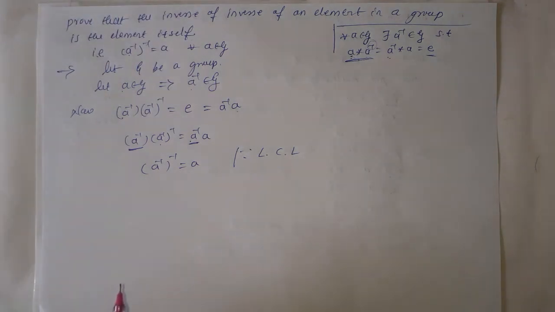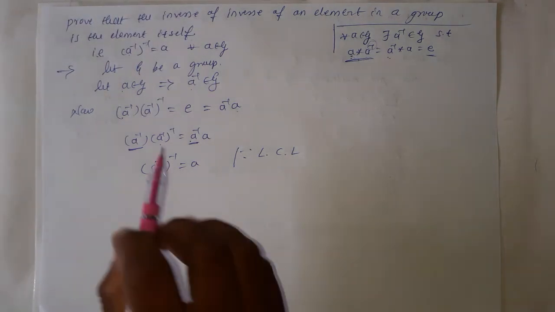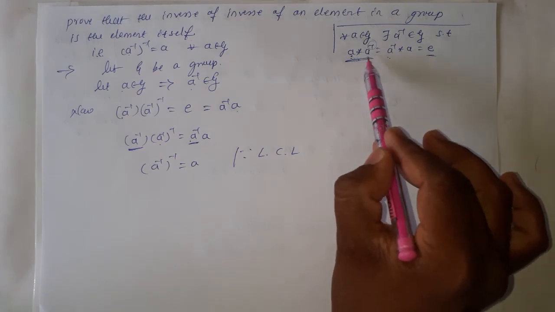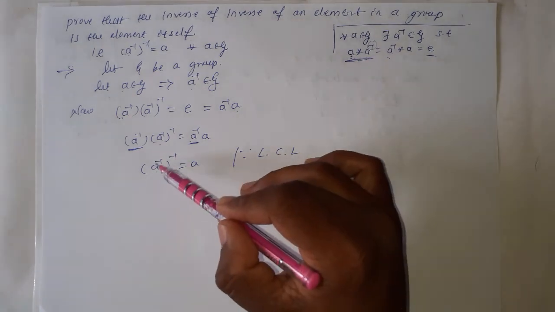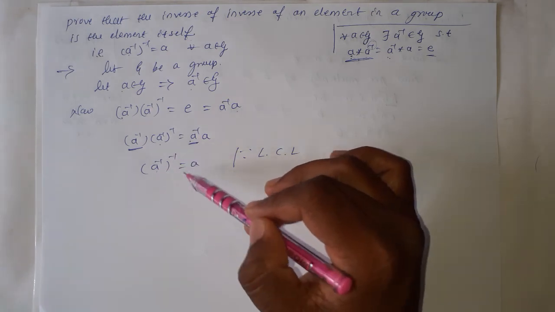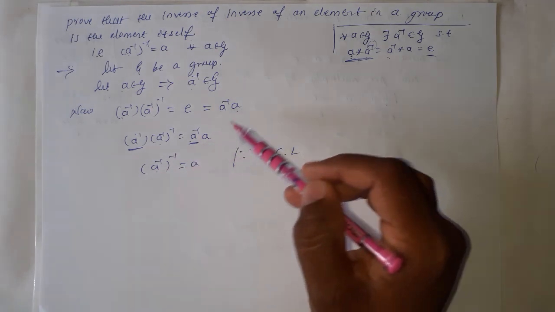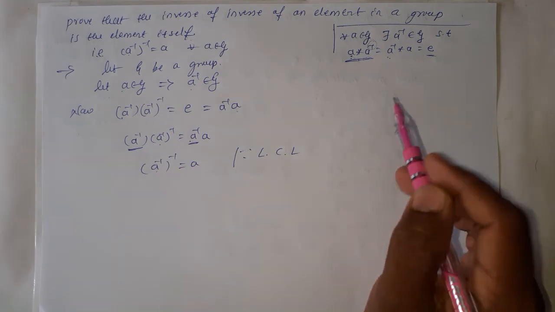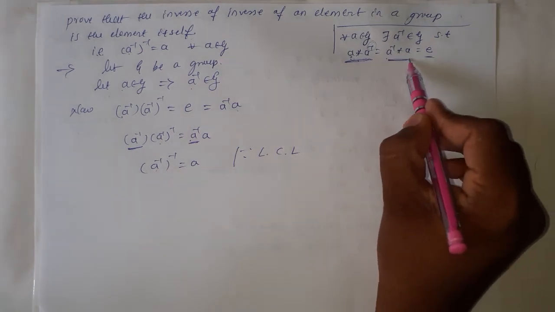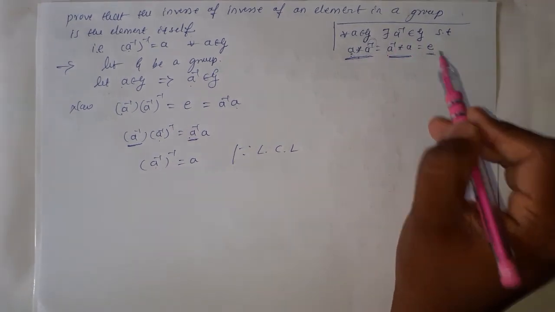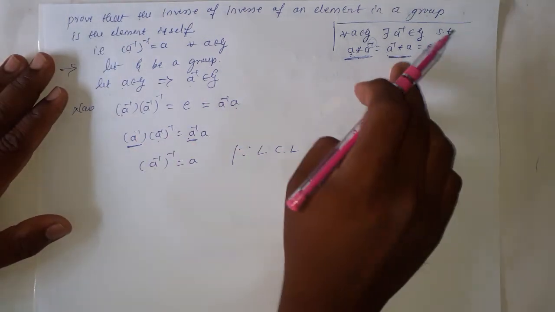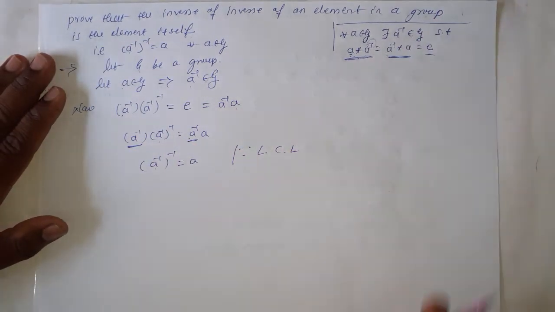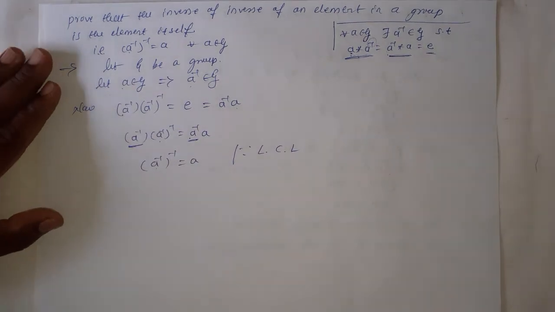Here we proved this by using the condition A star A inverse. And similarly we need to prove by using the second condition, that A inverse star A is equal to E, and in place of A again we need to substitute A inverse only.